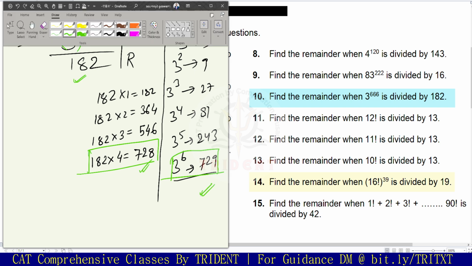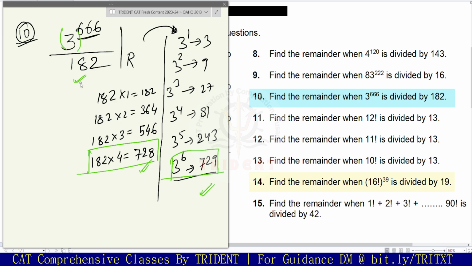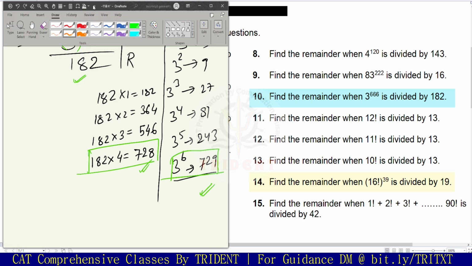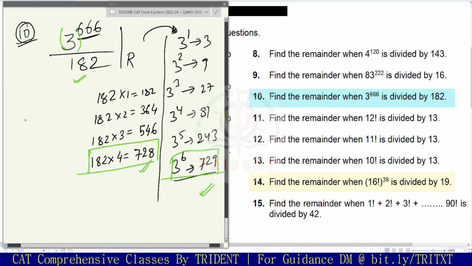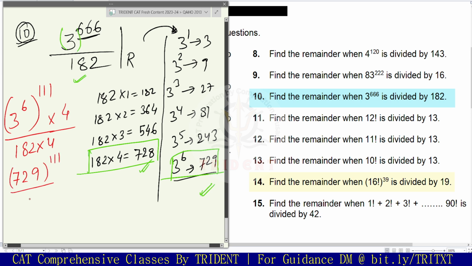So let's do that. Let me take the red color. So 3 raised to the power 6, raised to the power 111, by 182 into 4. Because I'm multiplying a 4 in the denominator, I'll have to multiply a 4 in the numerator also. This becomes 729 raised to the power 111 by 728 into 4.